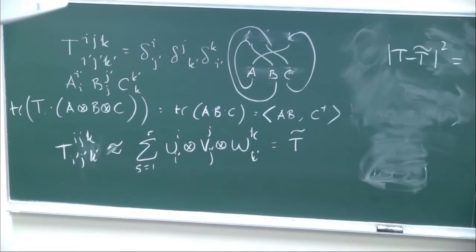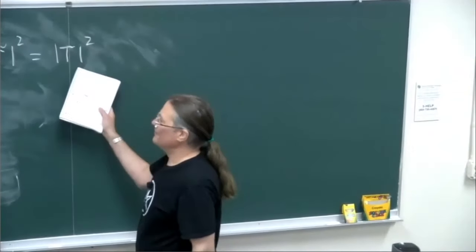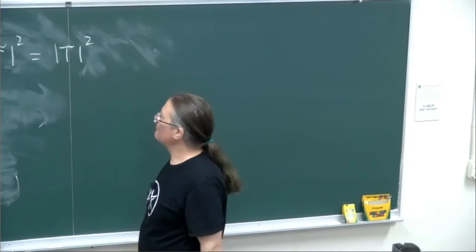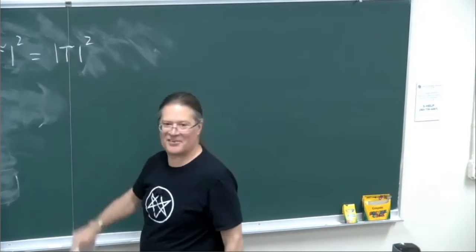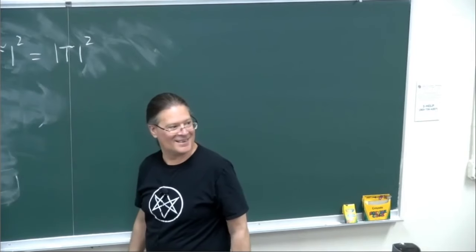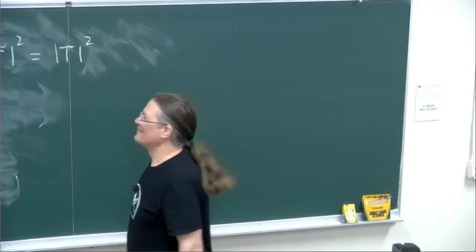So let's write this out. This is the total norm of t. Quick, what is, should I call it the Frobenius norm? What's the L2 norm of that tensor? Well, let's see.